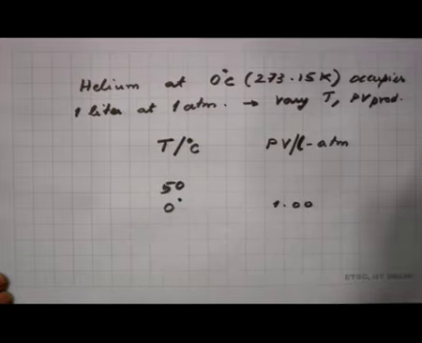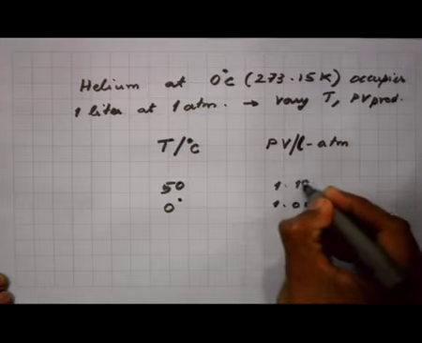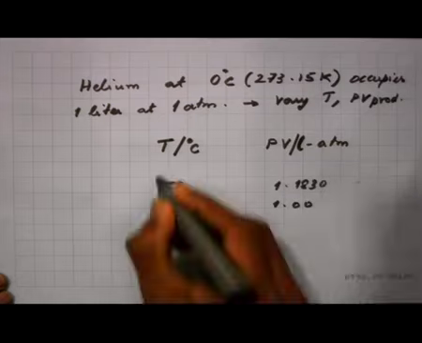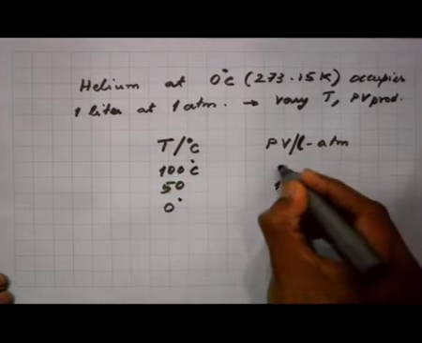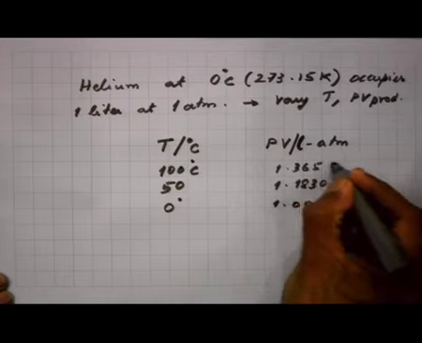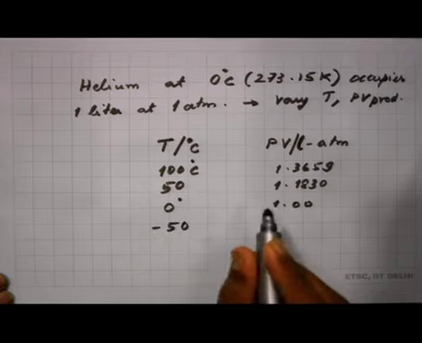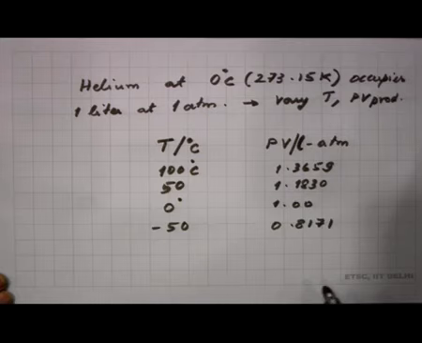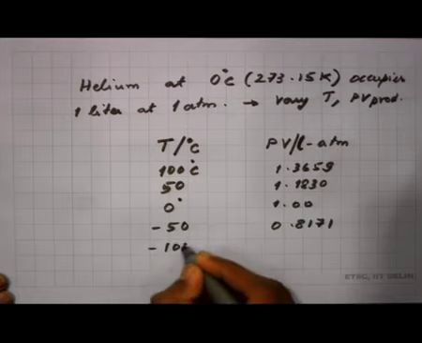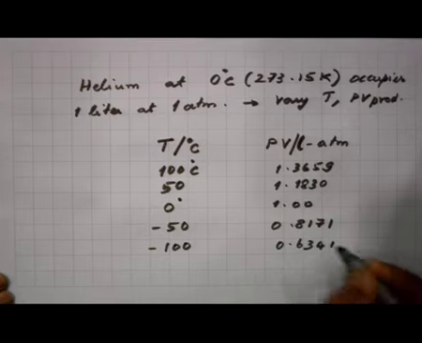At 50 degrees, it is 1.183, and at 100 degrees Celsius, it is 1.3659. At minus 50 degrees, it is 0.8171. At minus 100 degrees, it is 0.6341, and the list goes on.